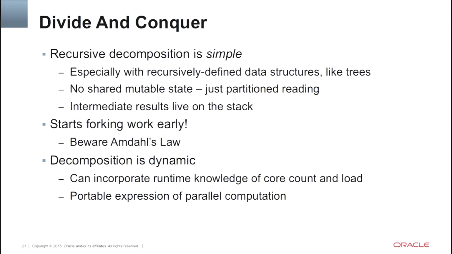So you don't want to do a lot of partitioning work up front and then hand out the pieces. You want to start dividing so that the first worker divides it in two and hands something to a second worker, and now both workers can be dividing things into fourths, and then four guys can be dividing things into eighths, et cetera. And you start getting all the workers actually doing something as early as possible.